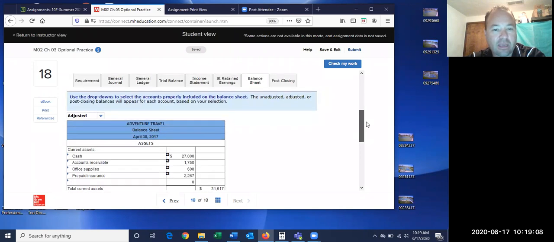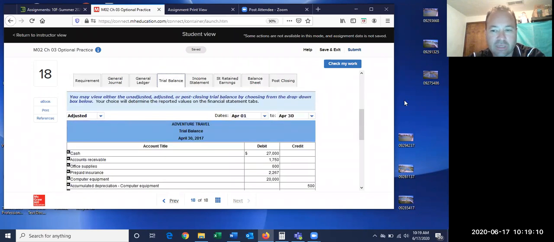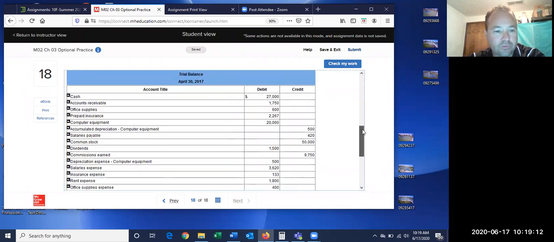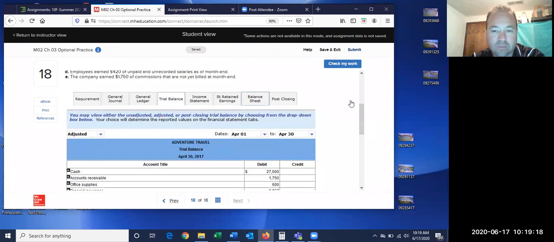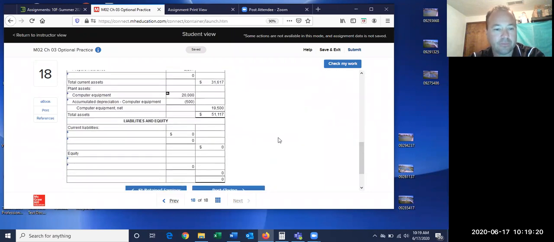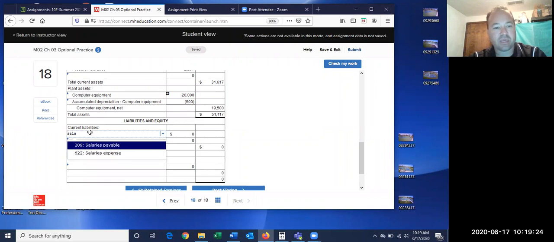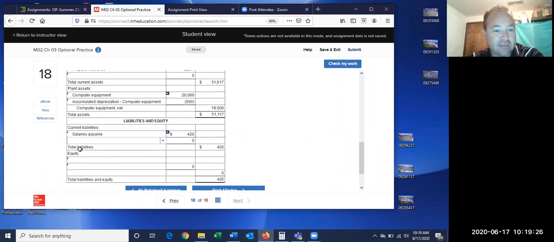Now we're ready for our liabilities. We only have one or two. Just the one, salaries payable. And then we go right into our common stock. So current liabilities, all we had is salaries payable. That's it. That is our total liabilities.